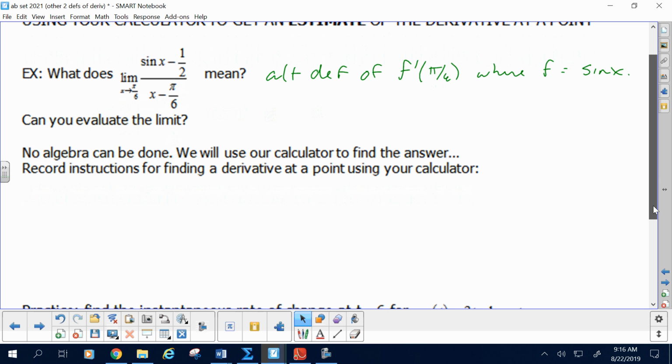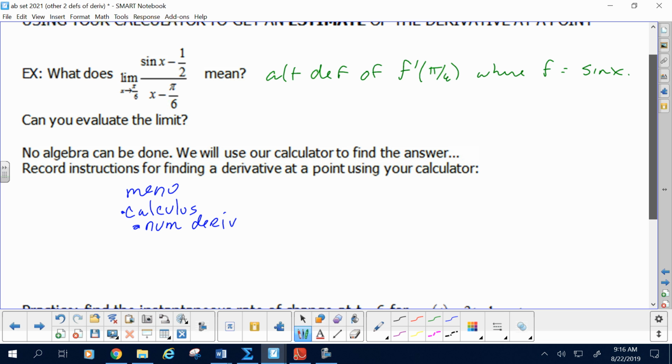Now, in terms of what we did there, you said in the scratchpad, basically, menu, calculus, submenu, numerical derivative, right? Then we used generally x as the variable. We give the value, which is the a at which you want the slope.